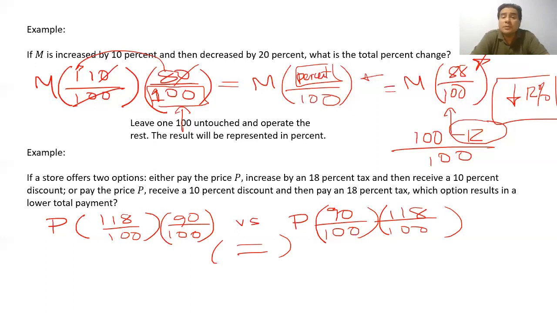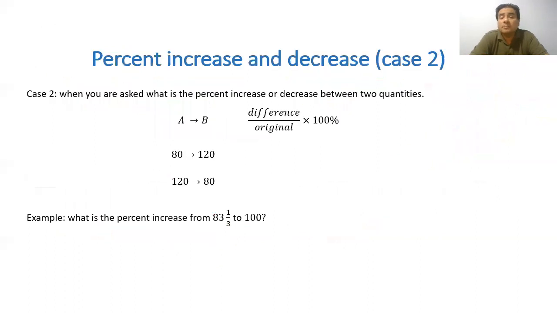Let's do the second type of problem, which is when they ask you to find the percent change, that is the percent increase or decrease. They don't give you this value. So they give you two quantities, and what you need to do is to calculate what is the change between two quantities.